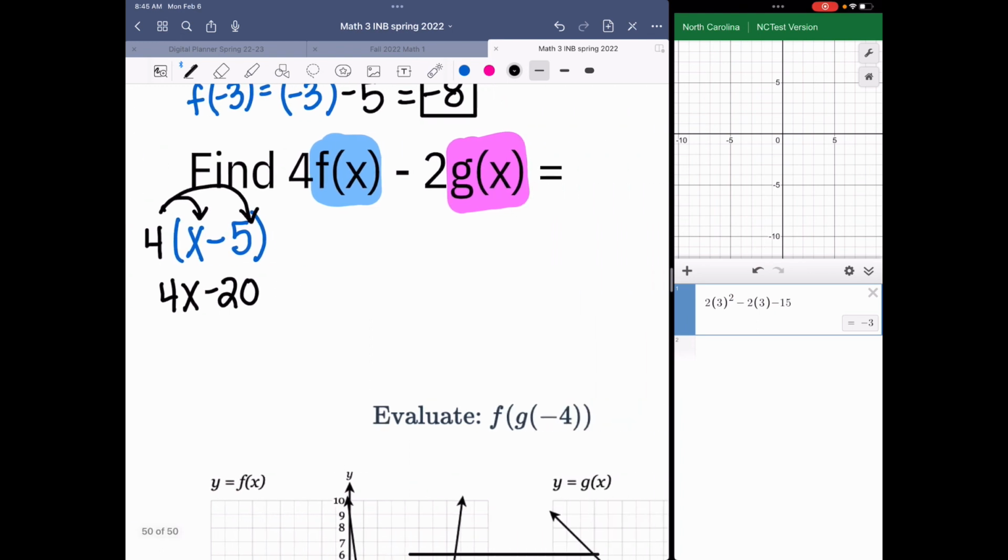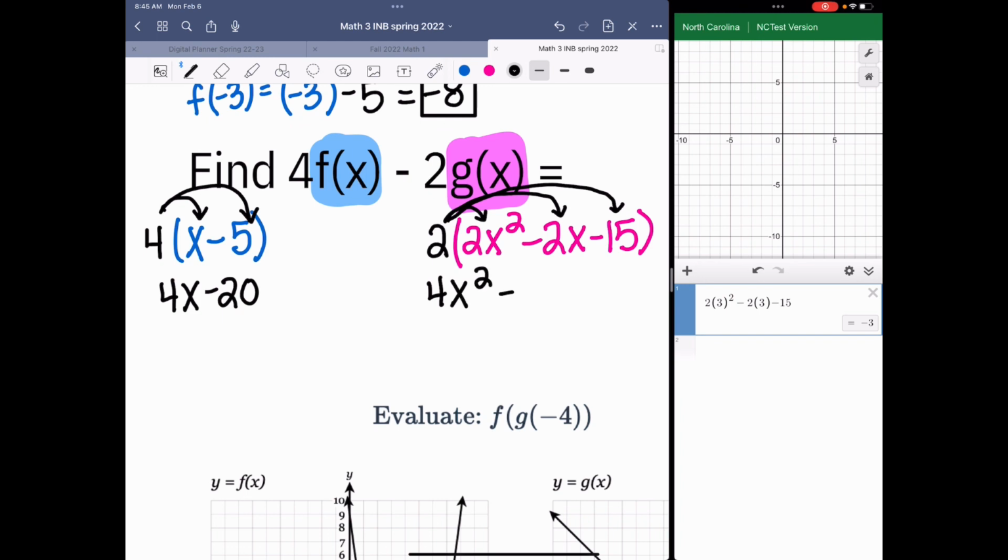Now I'm also going to do 2 times g of x. So g of x, if you remember, was 2x squared minus 2x minus 15. So again, I'm going to distribute to each piece. So that's going to become 4x squared minus 4x minus 30.